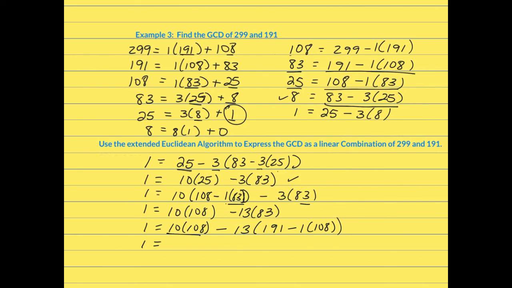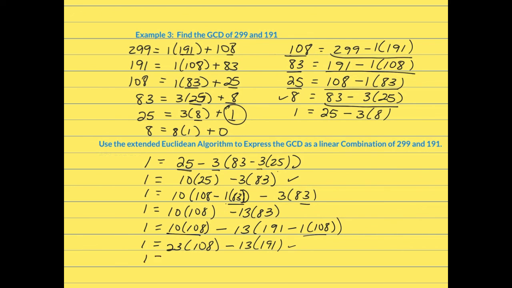We've got 10 times 108 minus a negative 13 times 108, or plus 13. So we got 23 times 108 minus 13 times 191. Again, punch into your calculator and check to make sure that works out to be 1. And we've got 1 more substitution. 108 becomes this.